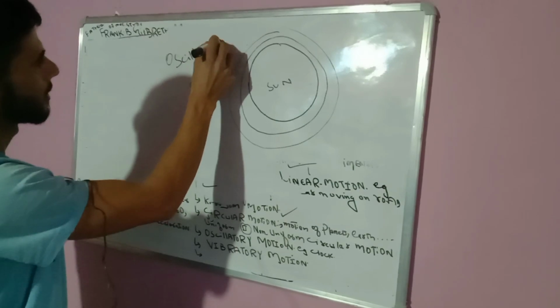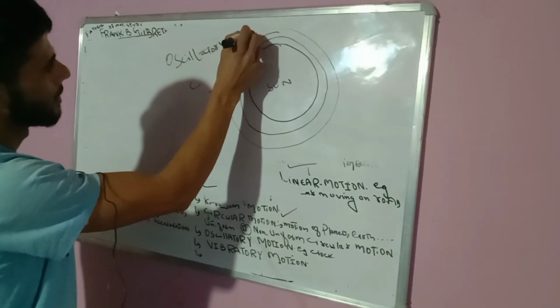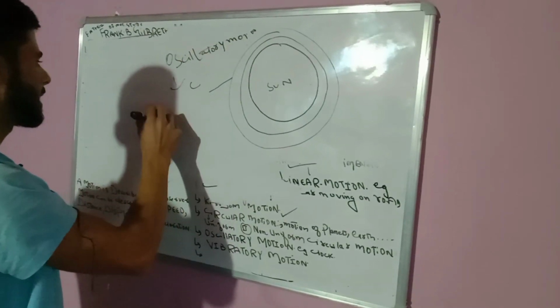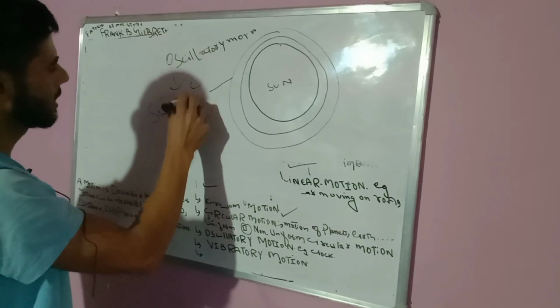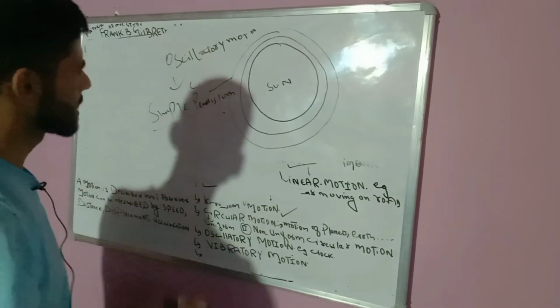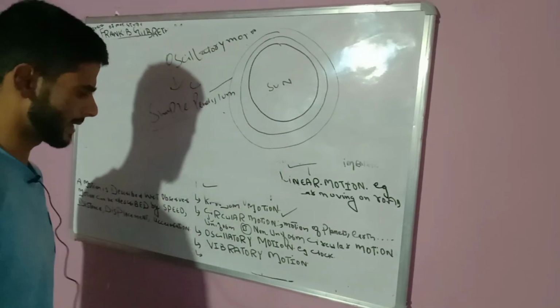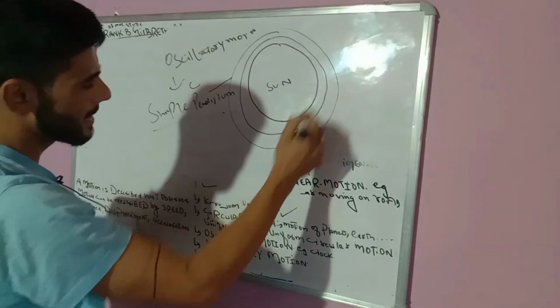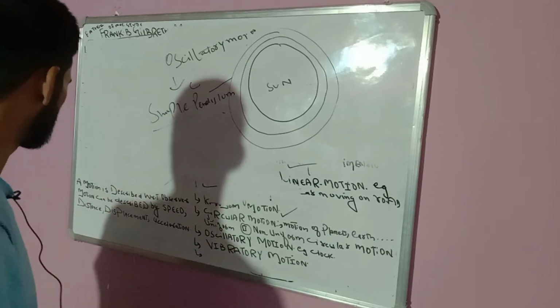Oscillatory motion, for example, simple pendulum. This is an example of oscillatory motion. Next one is called vibratory motion.